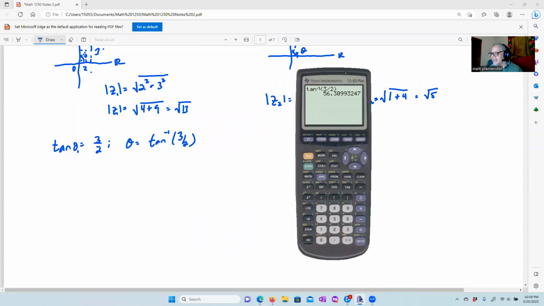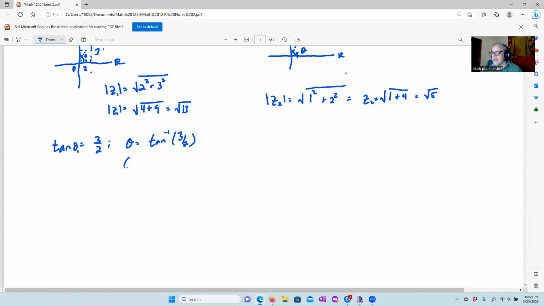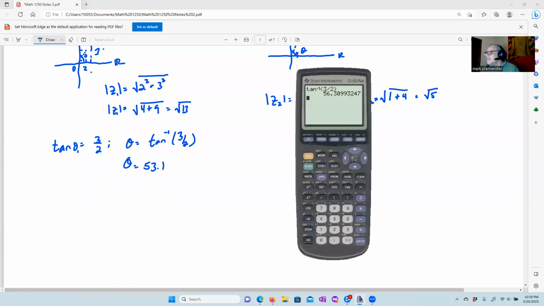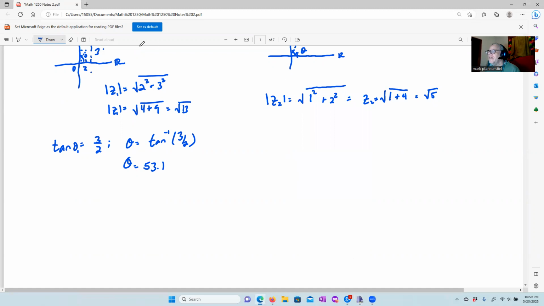So my theta is 56.3 degrees. Let's double check. Yes, 56.3 degrees.